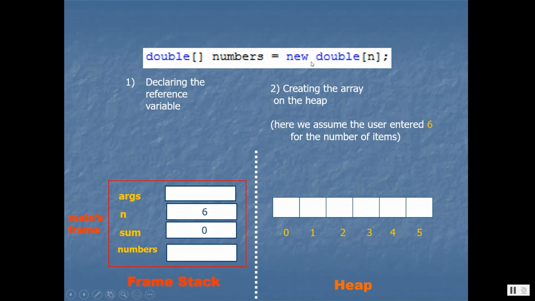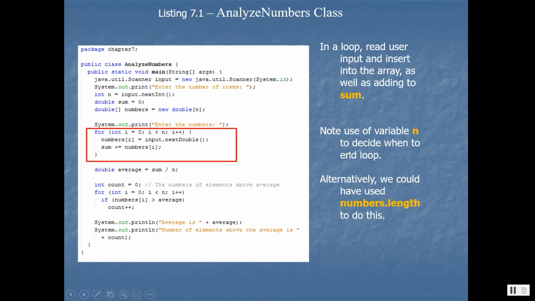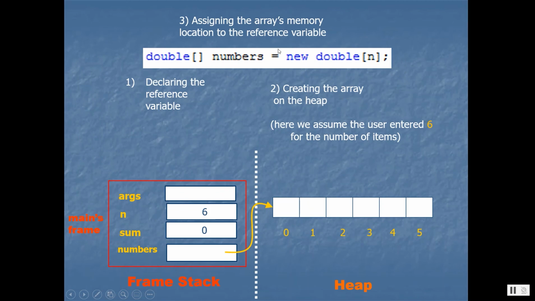And now we can see that we're creating the array on the heap, and again, we're assuming that the user had entered 6, and it has 0, 1, 2, 3, 4, and 5. And then finally the assignment takes place. So when the assignment takes place, that means this variable that is in main's frame on the stack is pointing at that particular array, which is located on the heap. So that's what took place in this one statement.